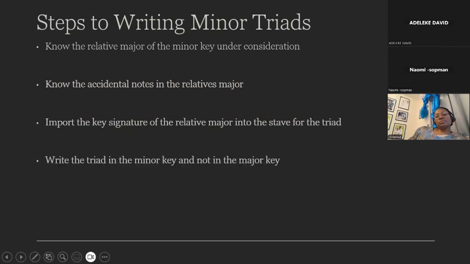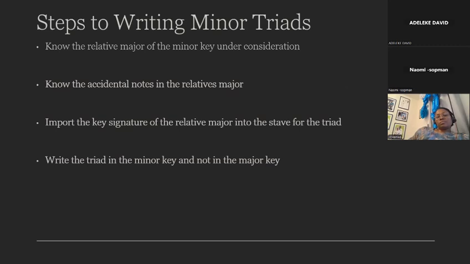The next one is to write the triad in the minor key and not in the major. Don't mix it up. I told you at the beginning of this class that the topic is a combination of many topics: triads, minor scales, harmonic triad.